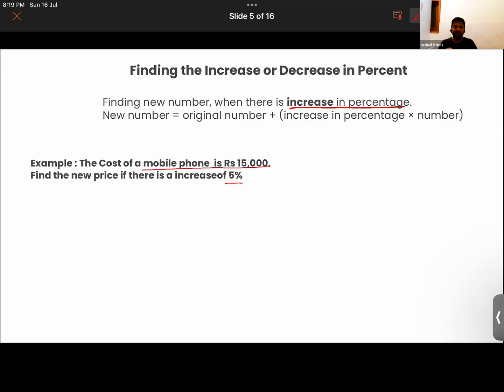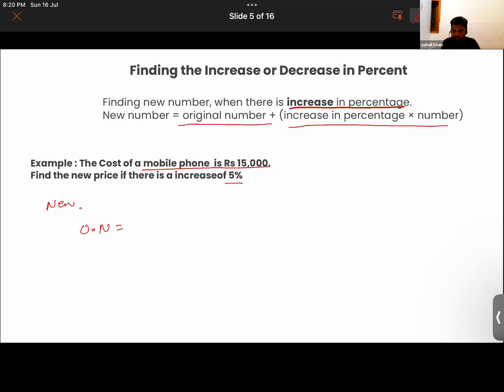What is the new selling price? The new selling price is found using the formula: original number plus increase in percentage multiplied by the original number upon 100.